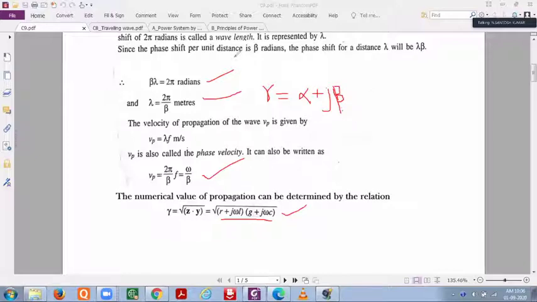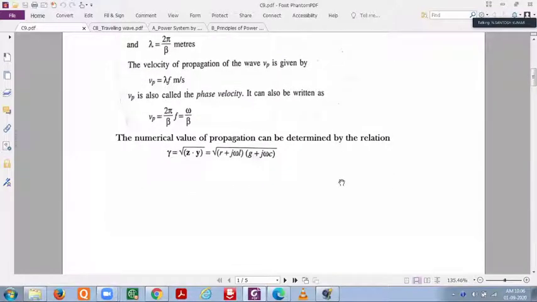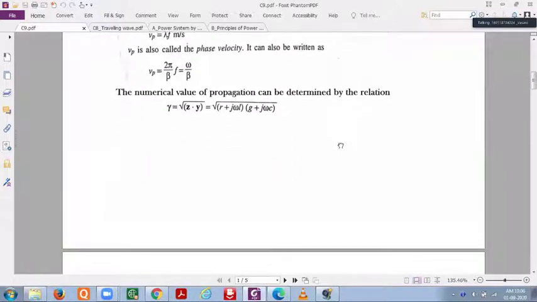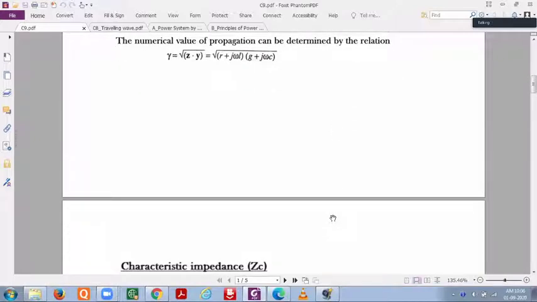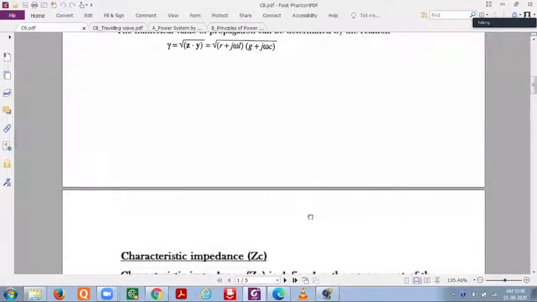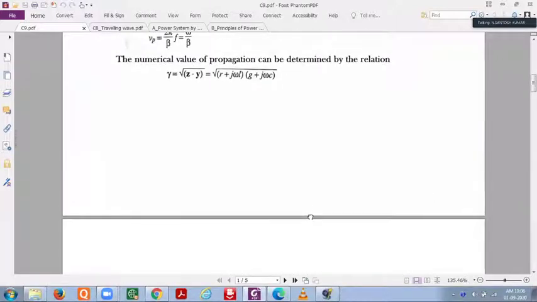But at that time you are supposed to think in that way. Because RLC is not there, how to get gamma? Don't get confused. We have gamma in terms of alpha and beta. Hope you are following. Yes, sir. Very good. So those are the two terms related to that.